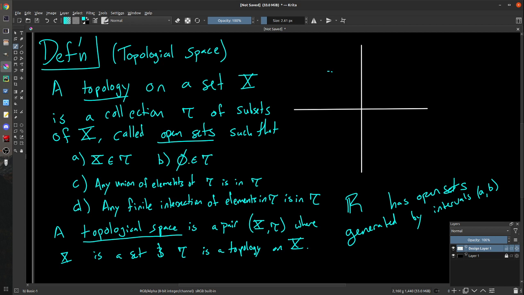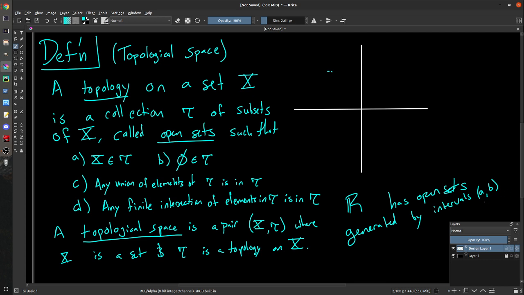Like the interval from 0 to 0, not including either of the endpoints, so there's nothing in there. That's the empty set. Then we could have the whole thing, if we let a or b be infinities or negative infinities. You write that interval all of the time in algebra 1.